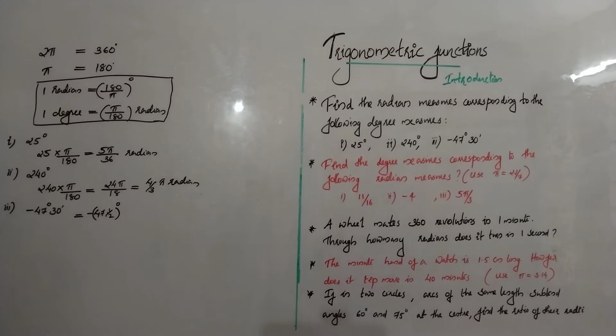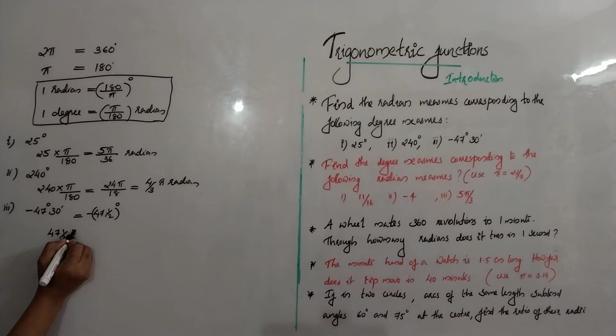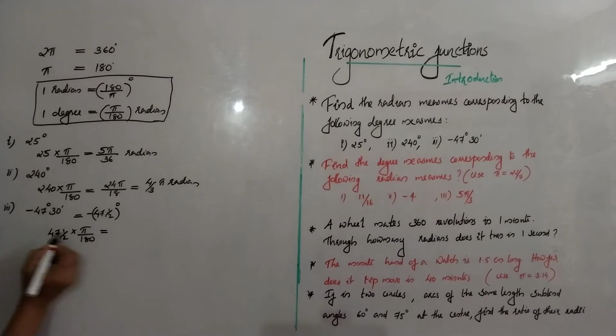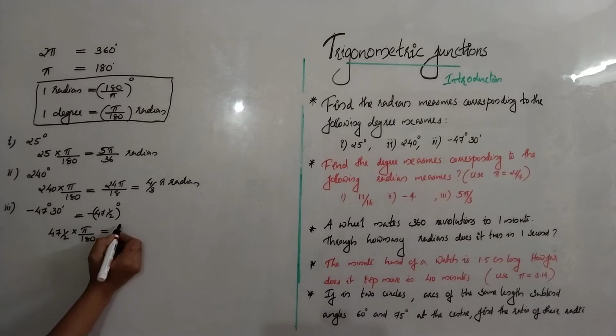Then the radian measure of 47 half degree is 47 half into pi by 180. That is 47 into 2 plus 1 divided by 2 into pi by 180.